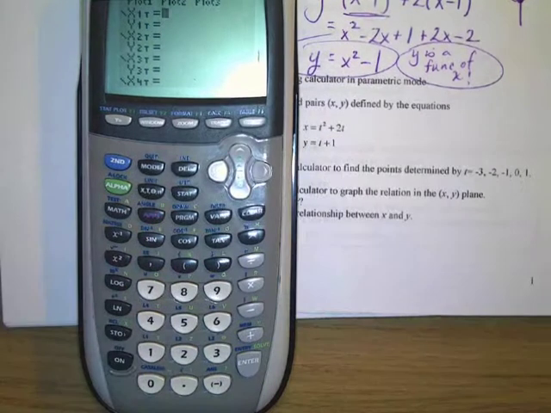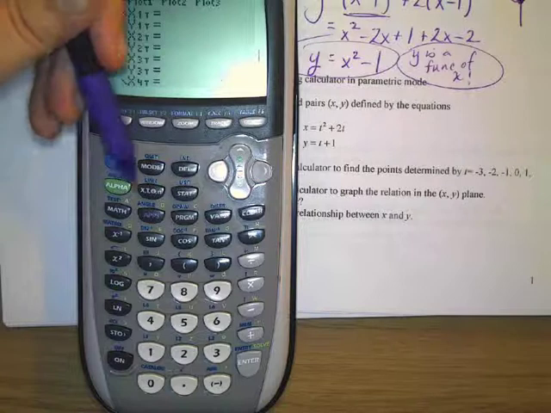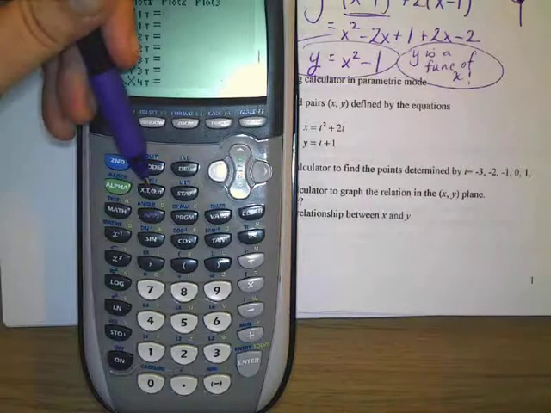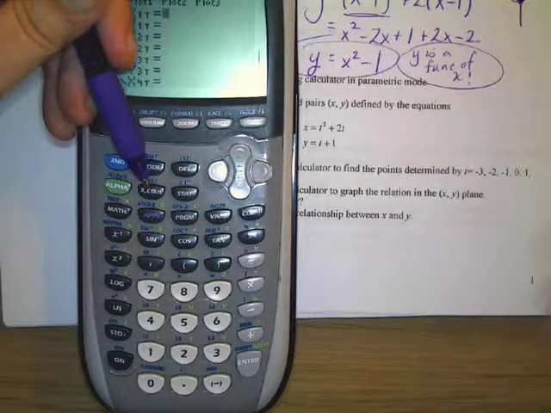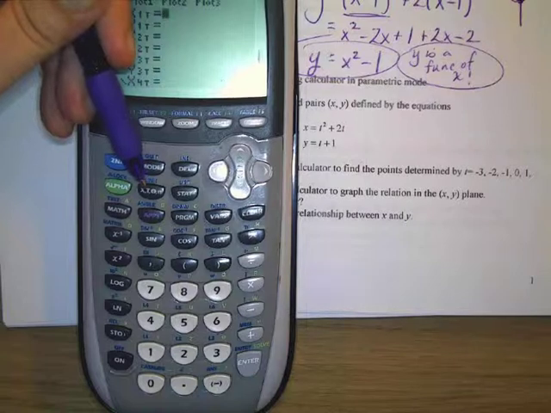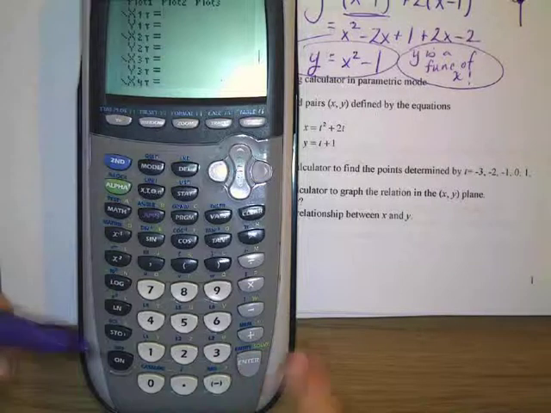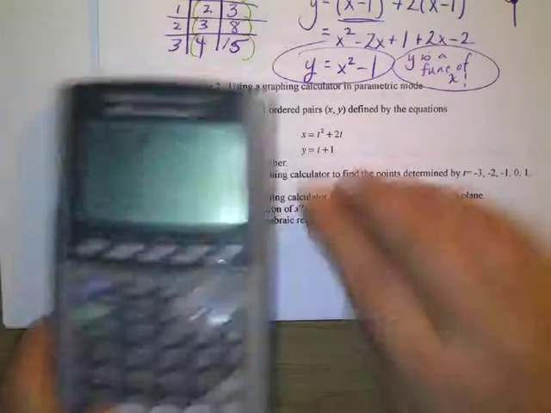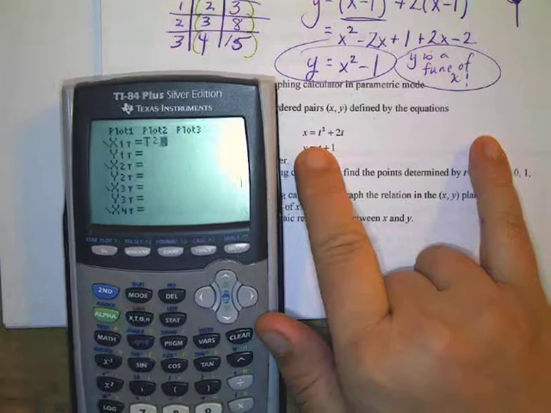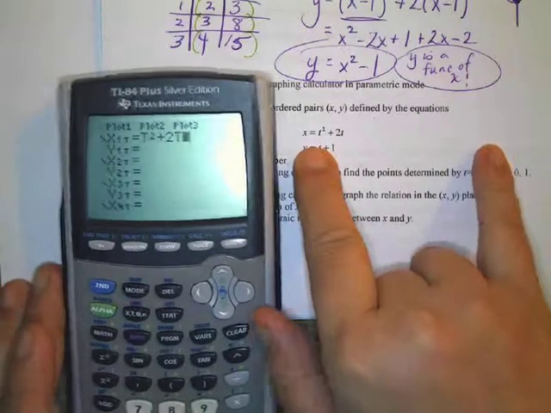But we've moved one mode over, so what's the next thing next to the x? It's a t. In parametric mode, this button is going to give you the t. You need to hit this t, not this pre-programmed t somewhere else. So we're going to go t squared plus 2t.